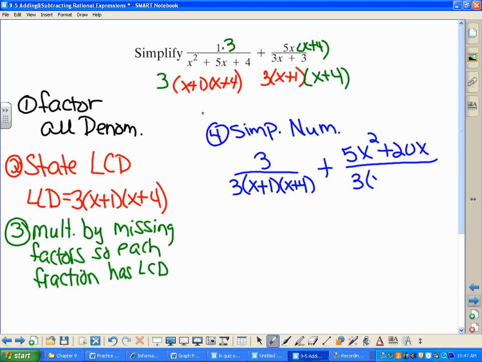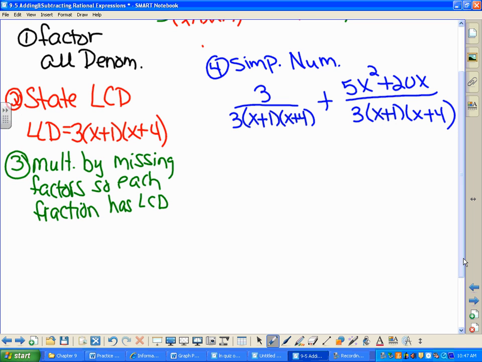Over all of this business. Okay. Denominator's the same? Are they? Yeah, isn't that what you were looking for? So if the denominators are the same, what can you do with numerators? Add them. All right. So number 5, add or subtract, depending on the problem, numerators. And I'm just going to rearrange it. Is everybody okay if I put it in standard form?